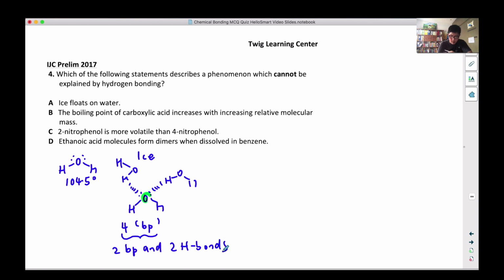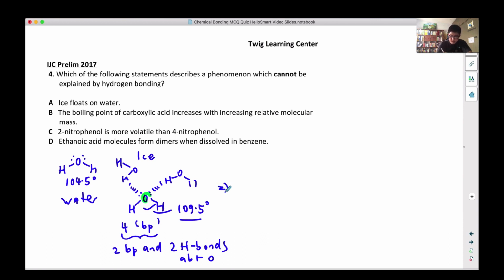All this is about O. Because of that, if it's 4 bond pairs, this angle will end up becoming 109.5. So from water, which is 104.5, it becomes 109.5, you can see that the bond angle actually increases.